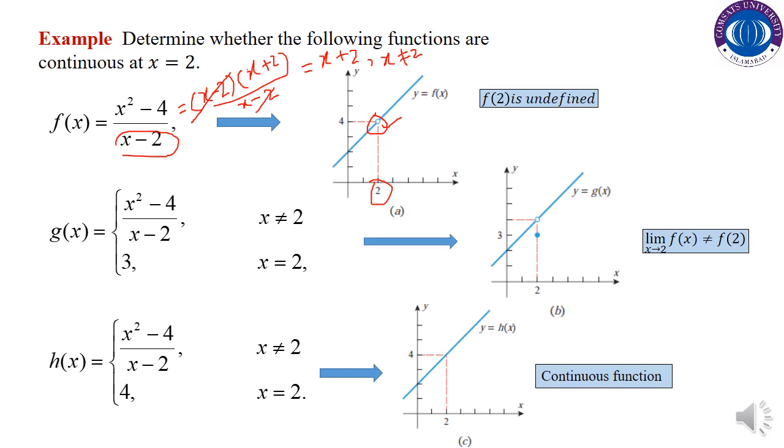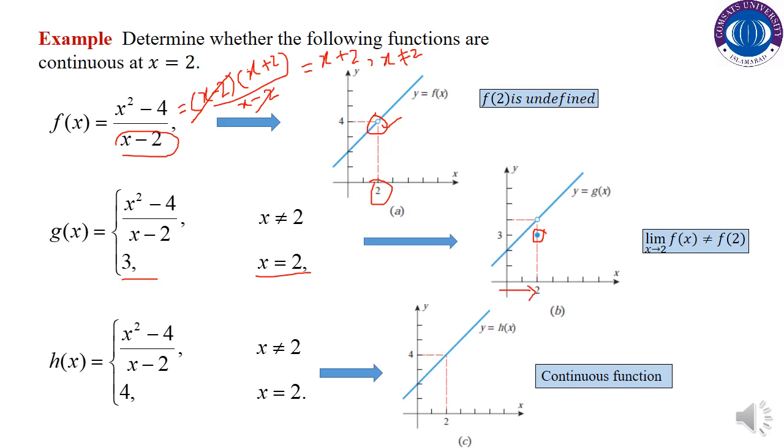Now for g of x we have this function. The graph of this function is given. The value of the function at 2 is 3, that is this point on the graph. Now we look at the limit as x approaches 2 from the left side.